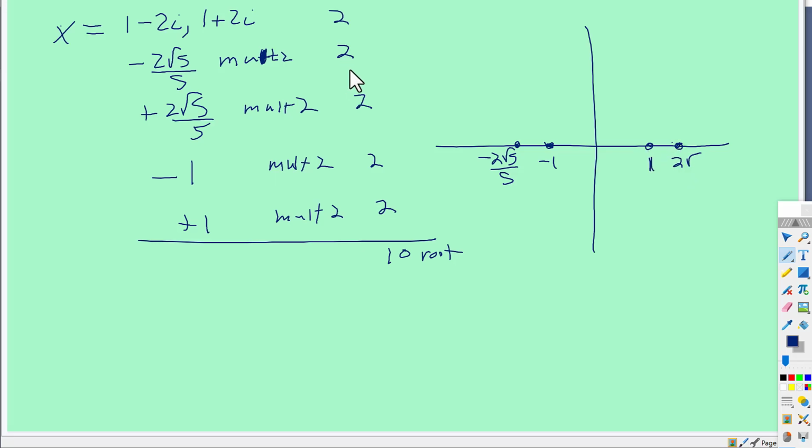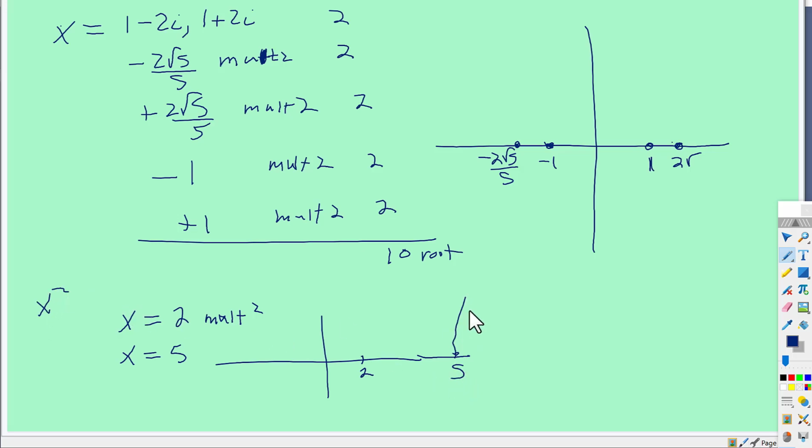When you have a multiplicity of 2, so if we had x is equal to 2 with multiplicity of 2, if you were to graph that, and x is equal to, say, 5. So at 2 and at 5, this would be an x cubed. The graph would come down, and if it's a multiplicity of 2, it doesn't cross the x-axis. So that's what's going to happen here.